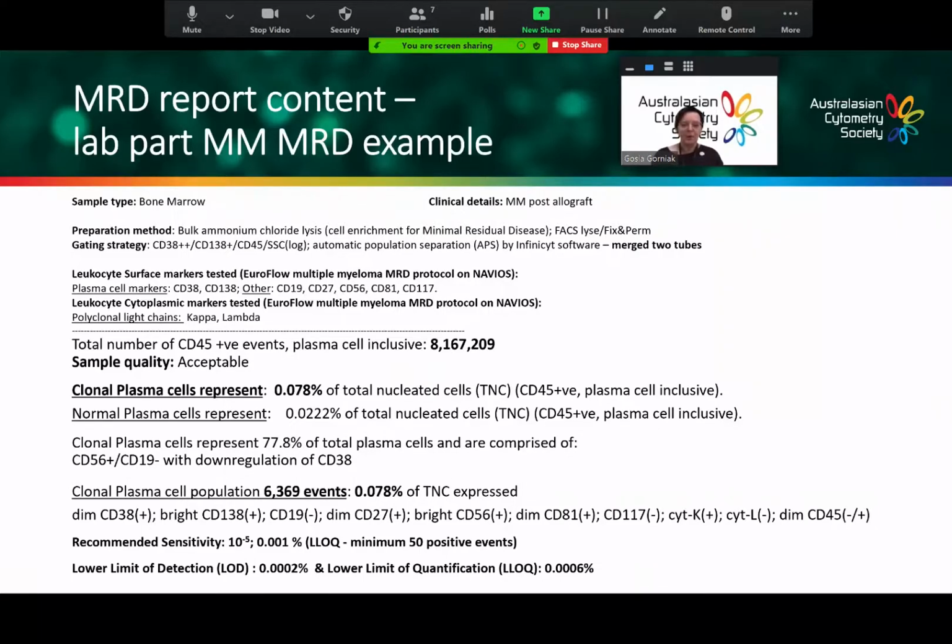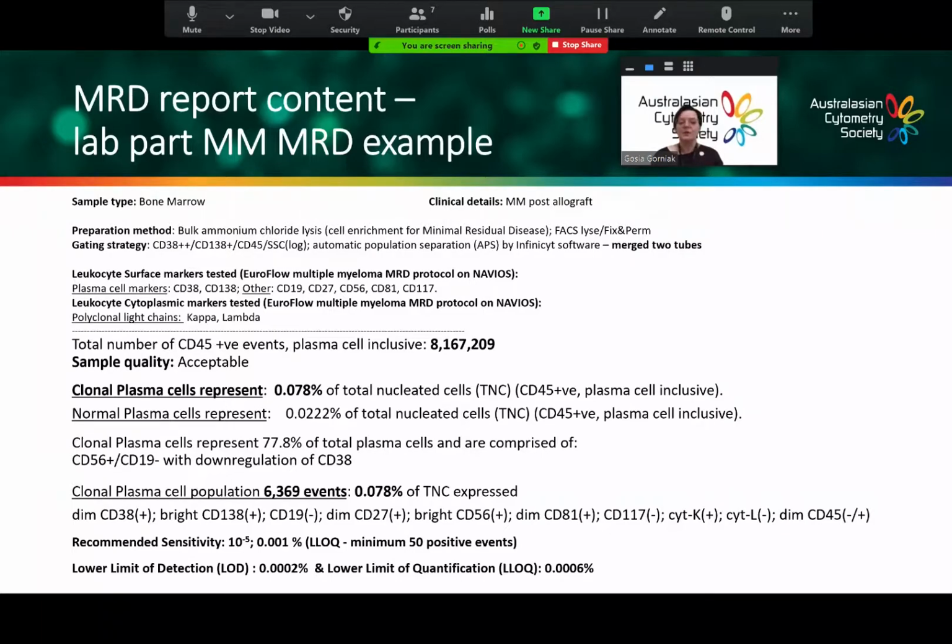The body of the report should state the recommended sensitivity. In the case of the multiple myeloma panel, it's 10 to the -5, and the minimal number for limit of quantification that is used.